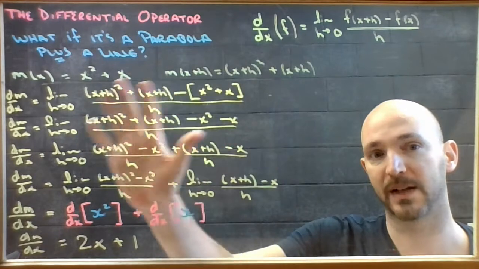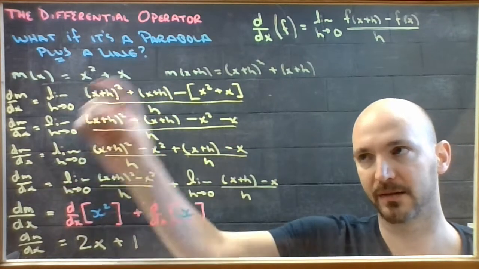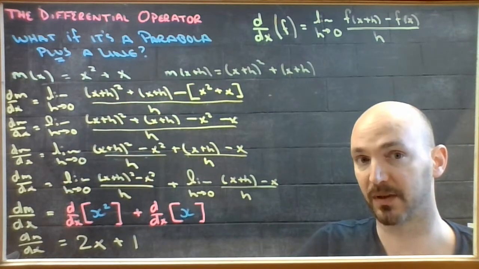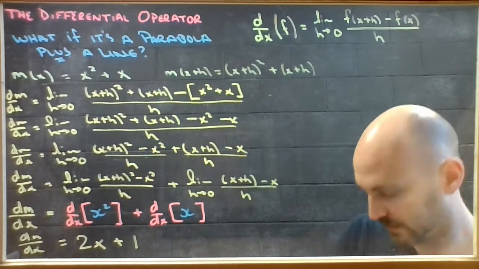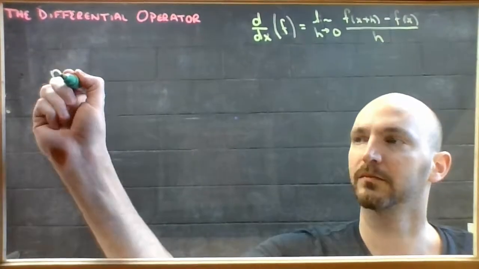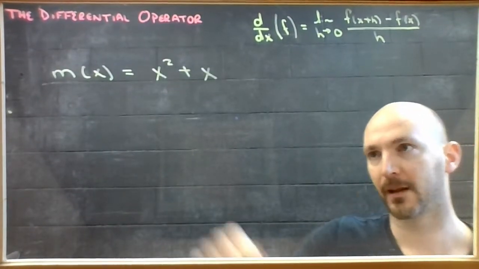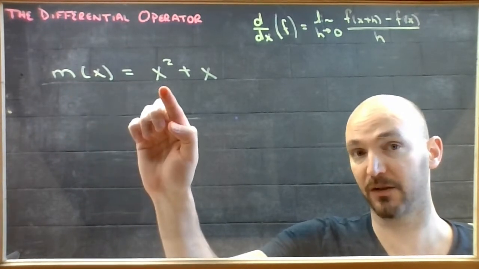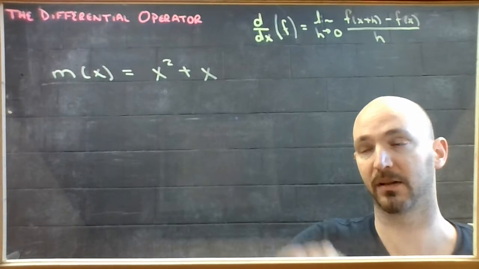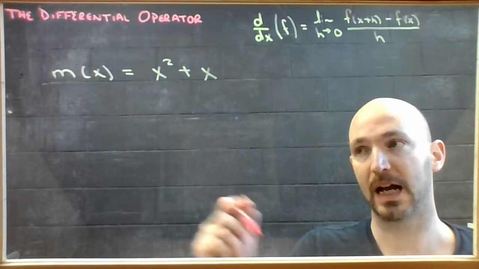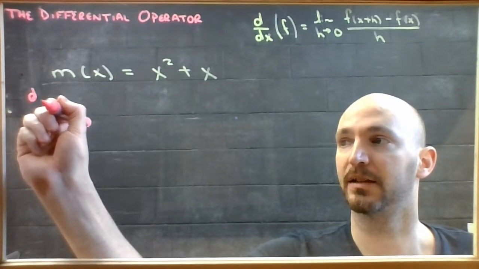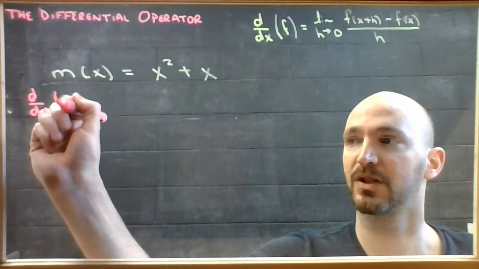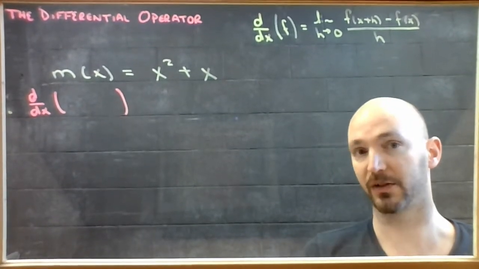So I'm just going to erase this, and I want to write out this distribution stuff a little more explicitly so you can see what I'm doing. Okay, this is what I started with. My function is a standard parabola plus a standard line. And you were asked to apply the differential operator to that function.